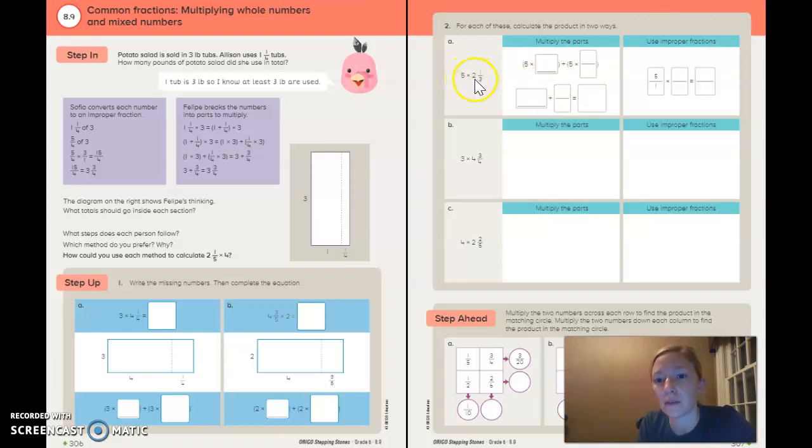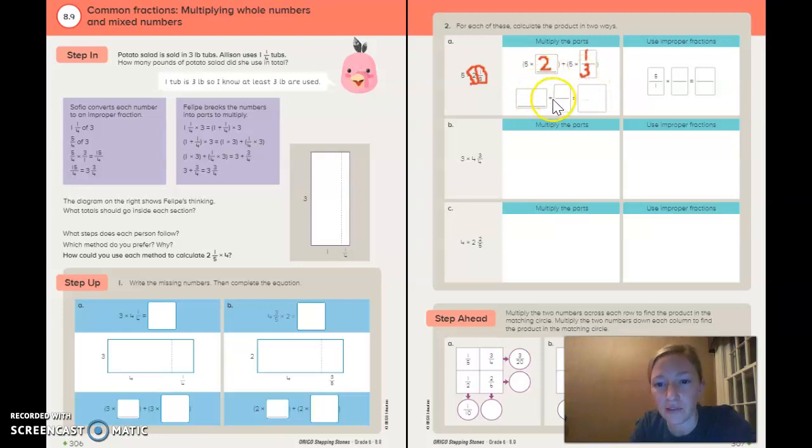So what they did was they broke up this fraction part right here, into 2 and 1/3. Okay, so they're saying 5 times 2 plus 5 times 1/3 will get me the answer, which is true.